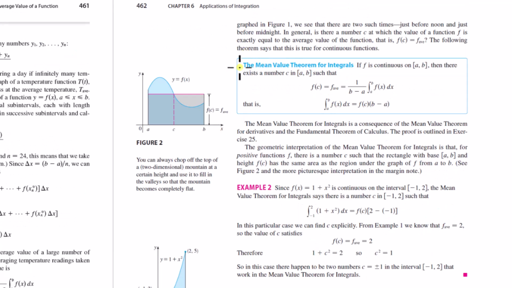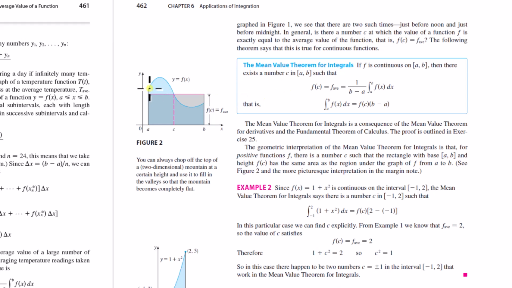Okay? And then, once again, the mean value theorem in relation to integration is saying that if you have a continuous function on a to b, so it doesn't say anything about being differentiable, just if the function is continuous on the closed interval from a to b, then there's going to be at least one number c in a to b such that the value of the function evaluated at that point is equal to the average value of the function over the interval, which you can interpret geometrically.